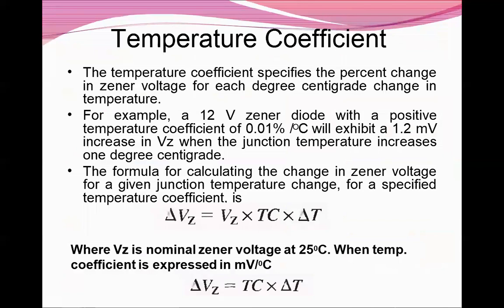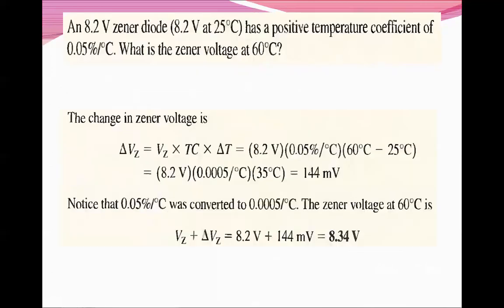Then the temperature coefficient of the Zener diode changes the Zener voltage by a percentage for every change in temperature, that is represented by the formula delta Vz equals Vz times Tc times delta T. Here are some examples they represented. You can refer to it.